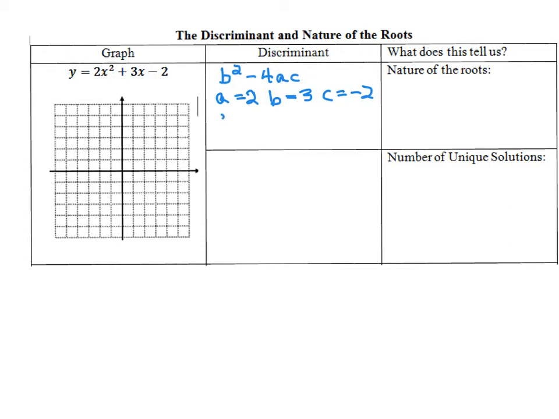So we'll have 3 squared minus 4 times 2 times negative 2. And putting that on our calculator, we see that that answer turns out to be 25. So our discriminant value is 25. Notice that this is a discriminant that is a positive number, and it's also a perfect square.